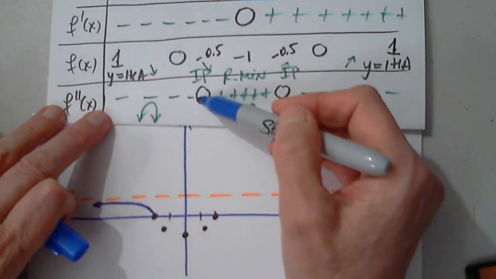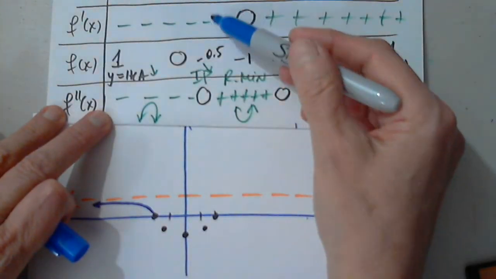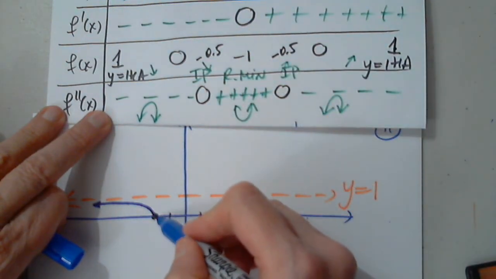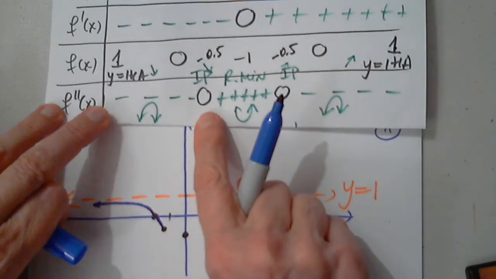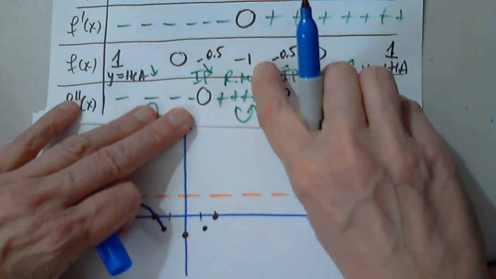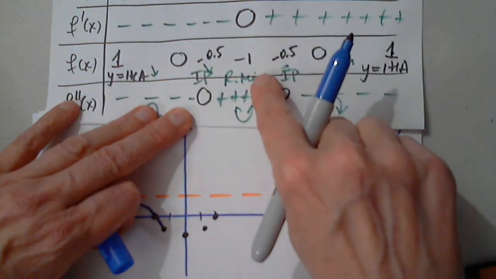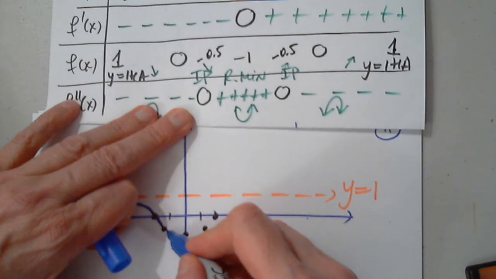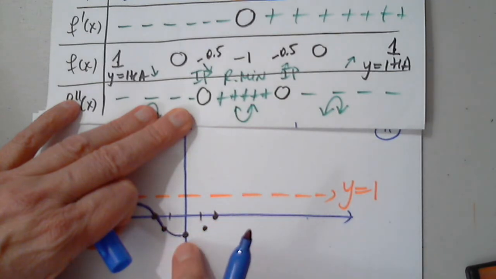It continues to decrease to this point, which is the inflection point. Fine. It changes concavity because it opens up and it reaches this relative minimum, which will also be an absolute minimum. So it changes concavity and goes to the absolute minimum or relative minimum also.